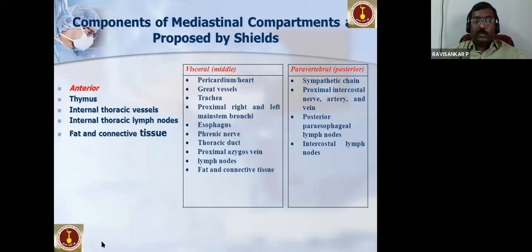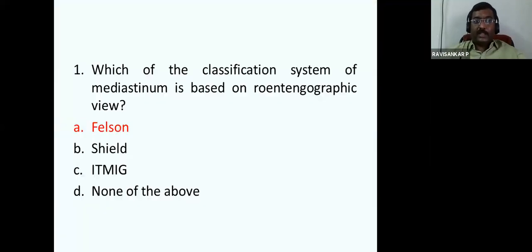Okay. So remember the Shields classification in our clinical setting.